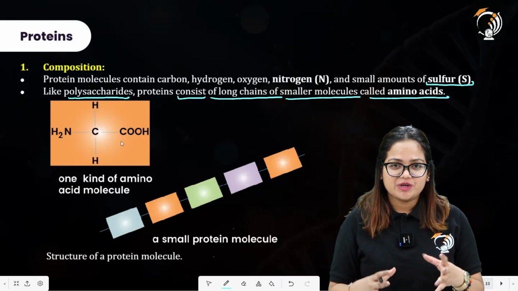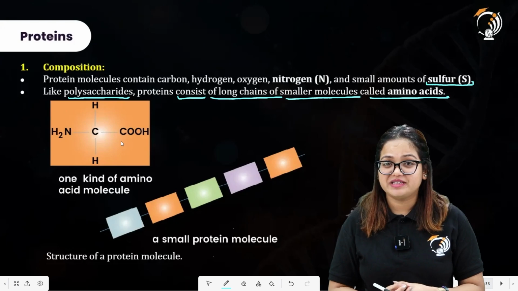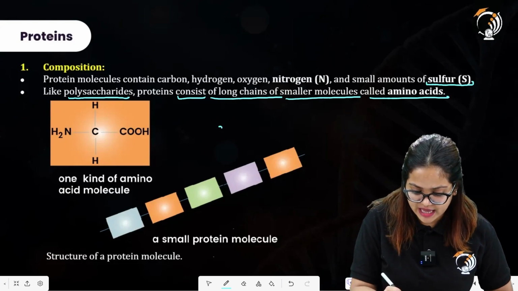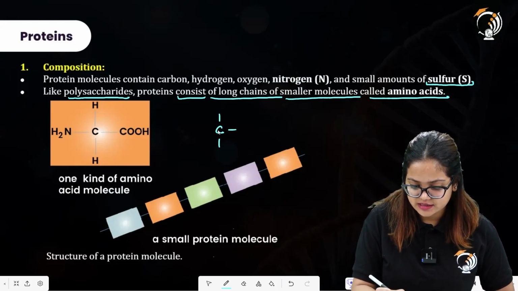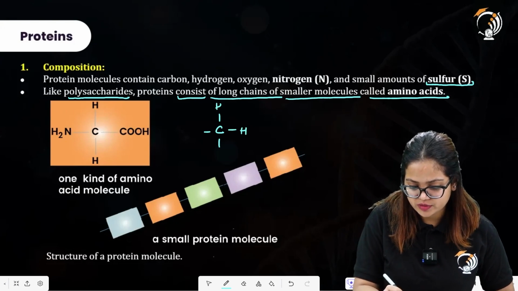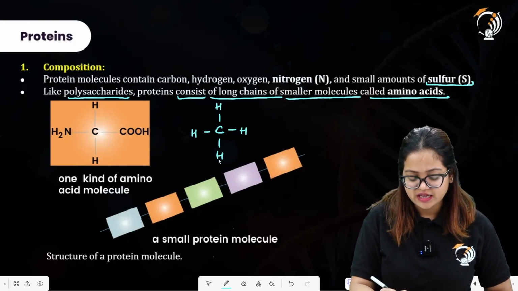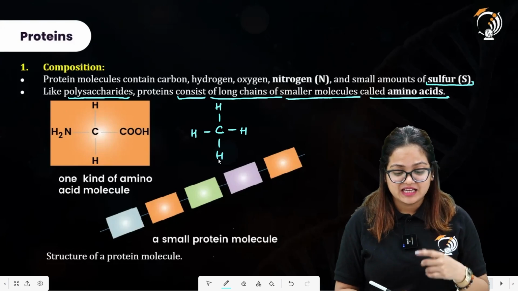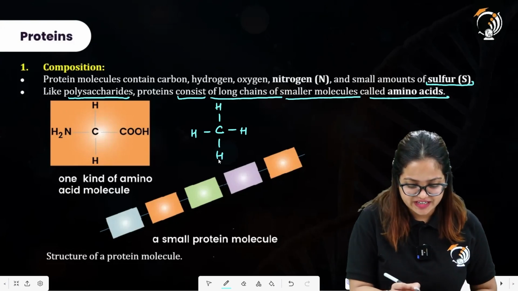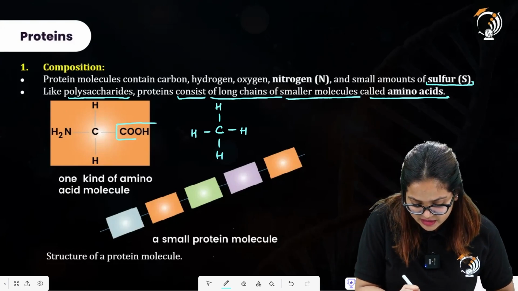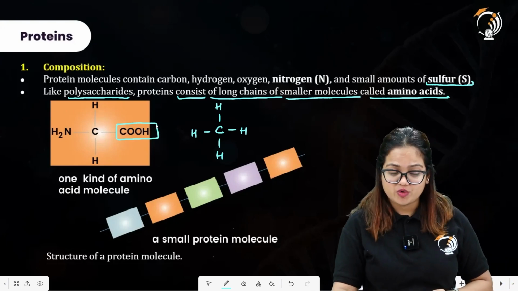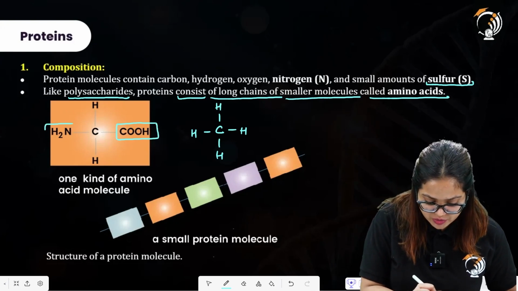What is an amino acid? It is a kind of substituted methane. We have the actual methane as carbon bonded to four hydrogen atoms, in which the methane is substituted. All right. So we have the carboxylic acid group over here. Then we have the amine group over here.